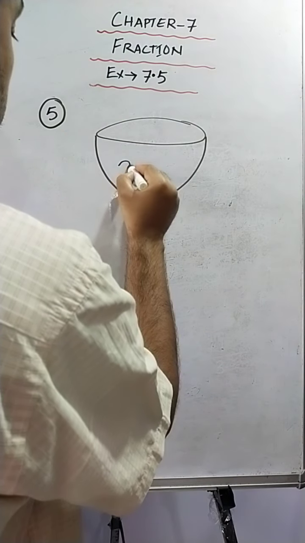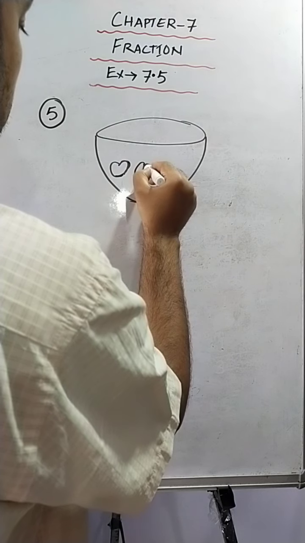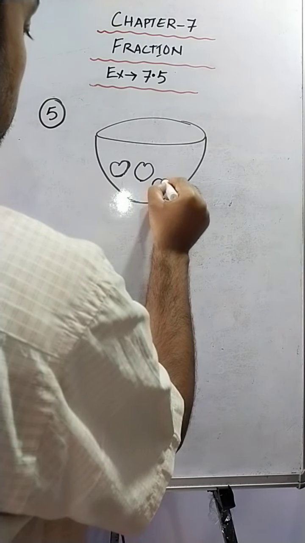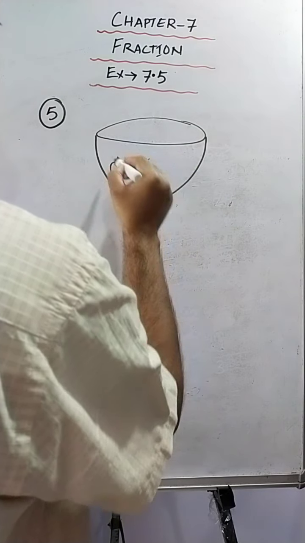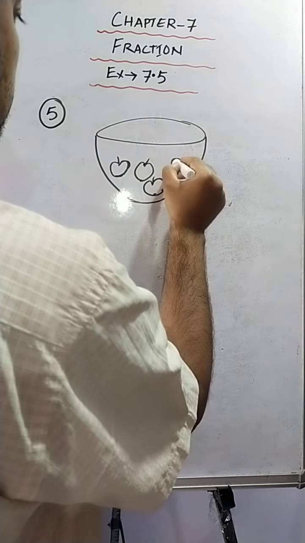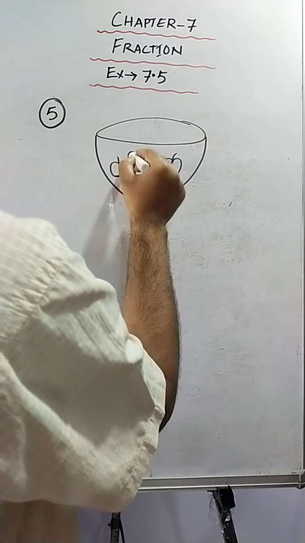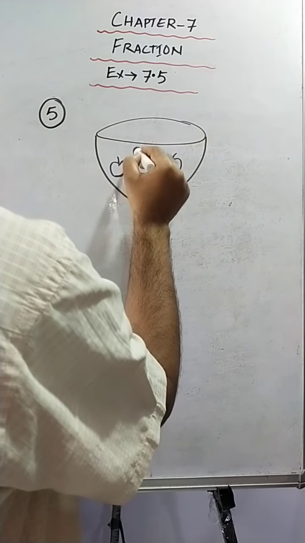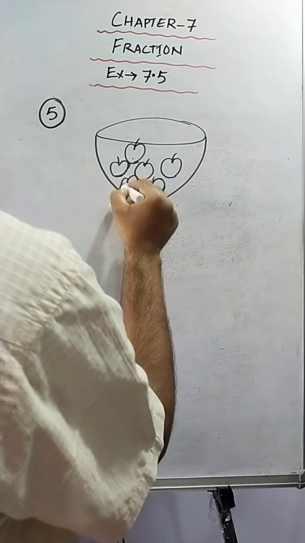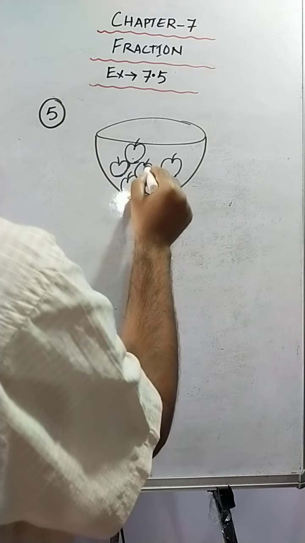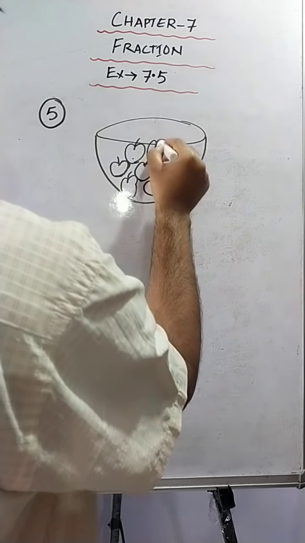Some oranges. So oranges are there: 1, 2, 3, 4, 5, 6. And why I am drawing 7, I will tell you.